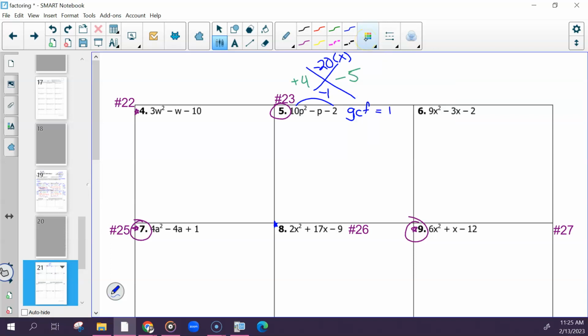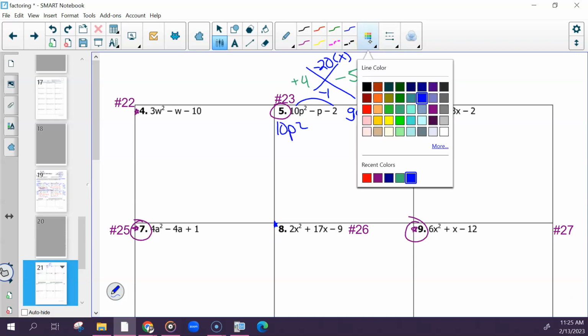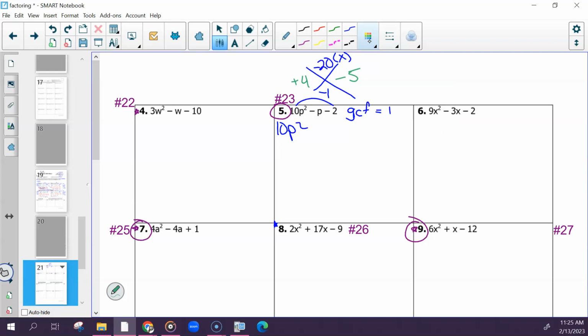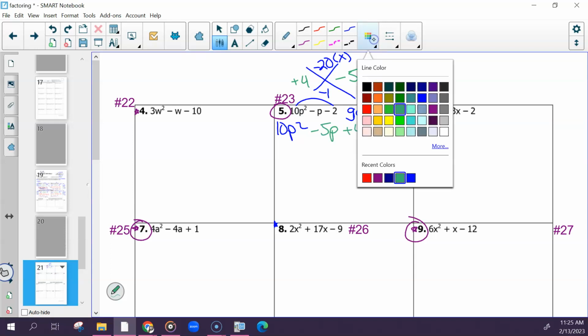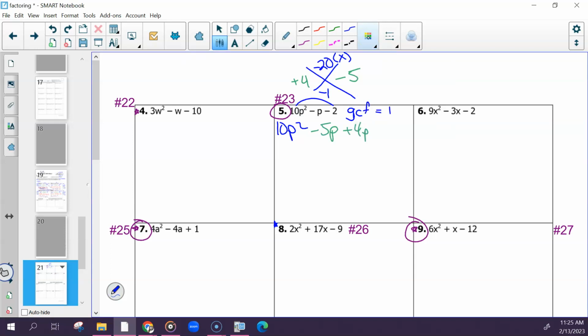So then we could rewrite 10p squared. I'm going to switch them so that 5 goes with the 10. So negative 5p plus 4p minus 2.